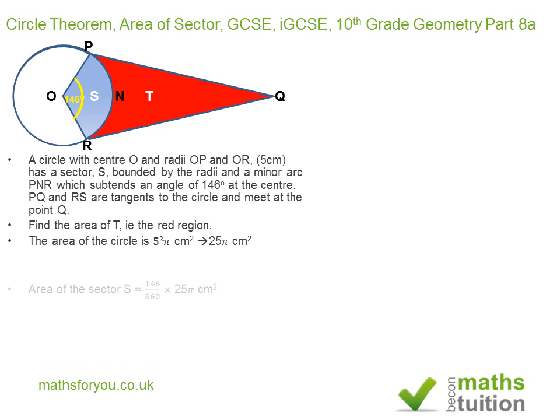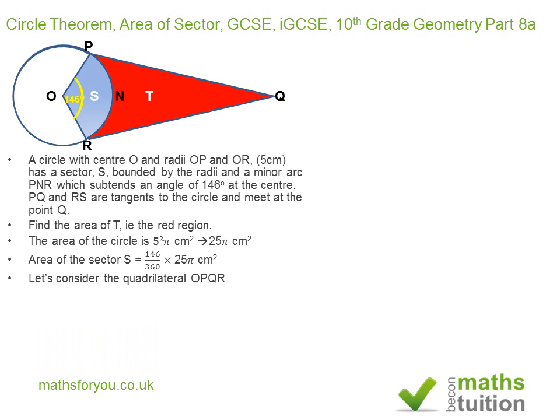So the area of the sector is 146 divided by 360, 360 being the sum of the angles in a circle or at a point. Now multiply that by the area of the circle. That will give us the area of the sector S. You can work it out now, or you can leave it as it is for now. I'm going to leave it as it is for now.